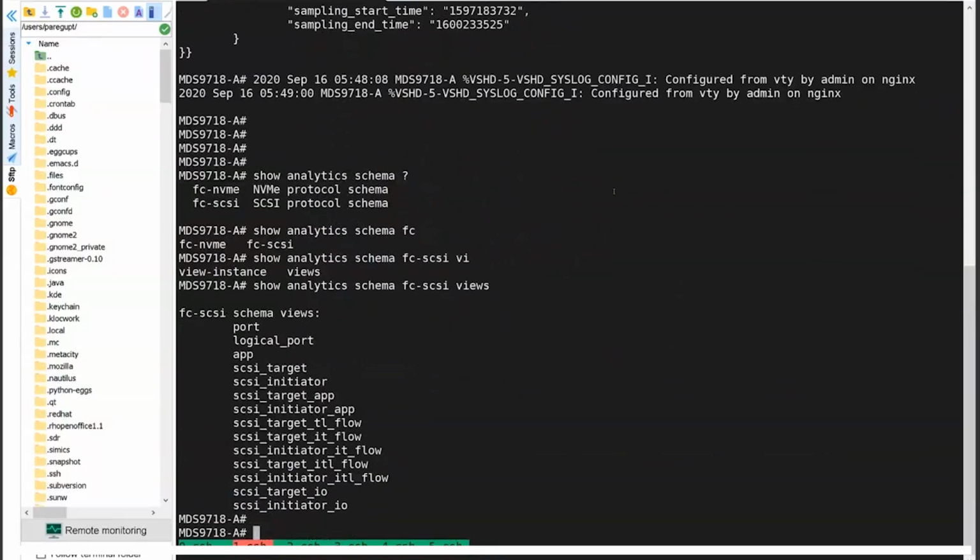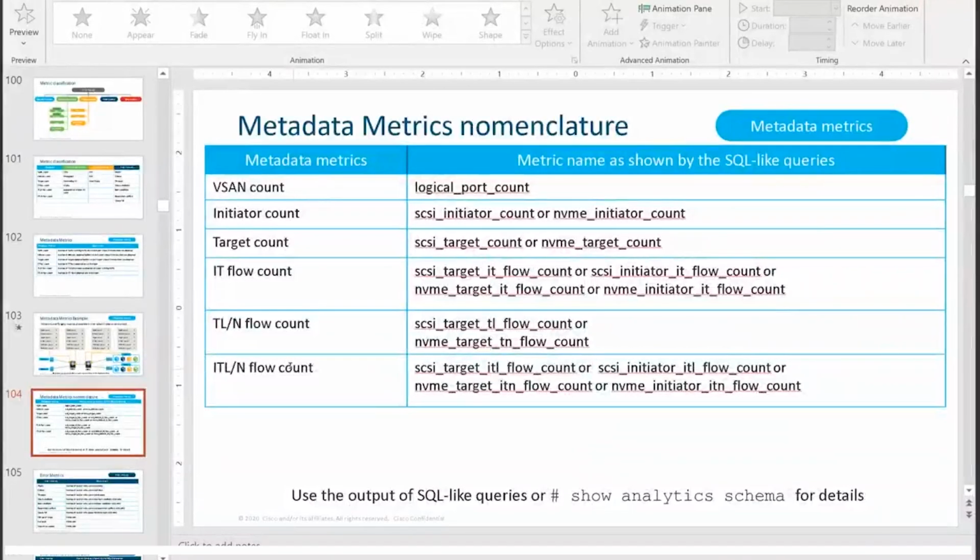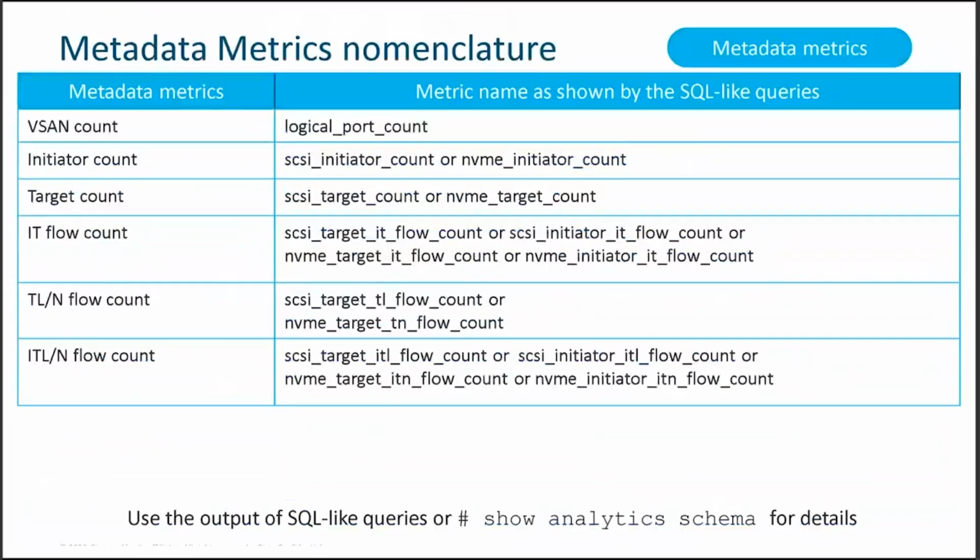We'll talk about this at some point later, but you can do a view instance. And then let's say I pick a SCSI target view and I see the names here, right? So always refer to these names for the exact metric name. They may not directly correspond to our ECT metric, DL metric. Those are good for user friendly names.